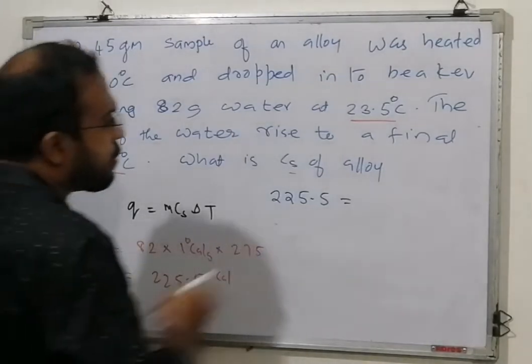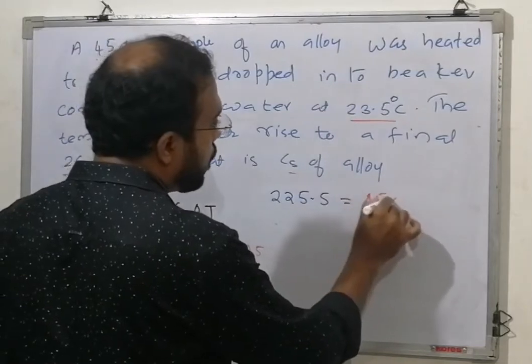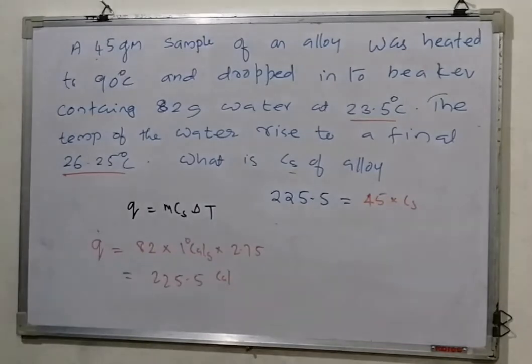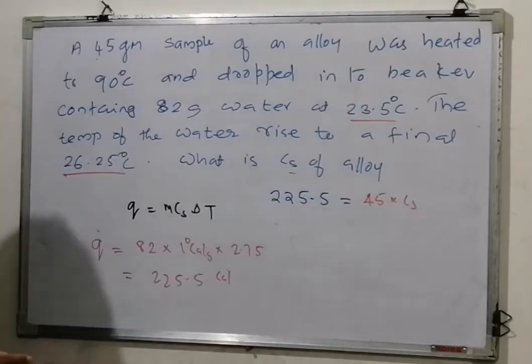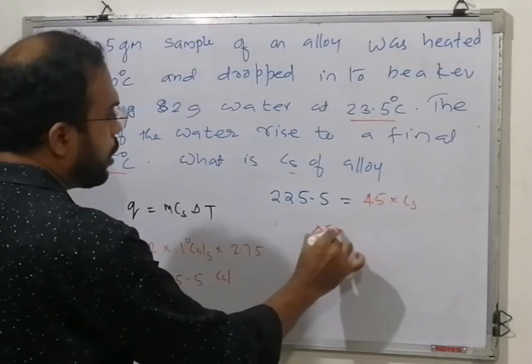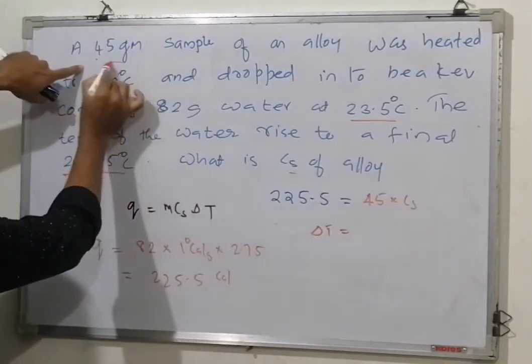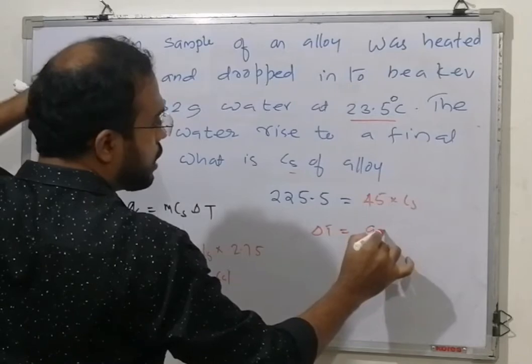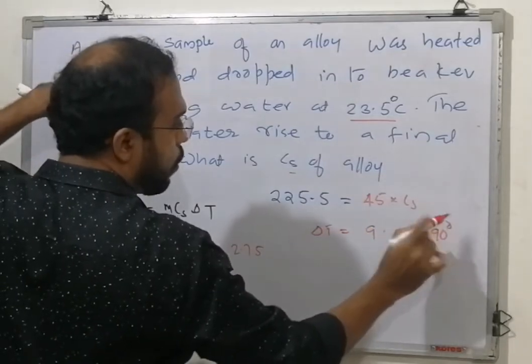What is the mass of that metal? It's 45 into Cs into delta T. Now what is the temperature? When you put the alloy in the water, its temperature was 90 degree.